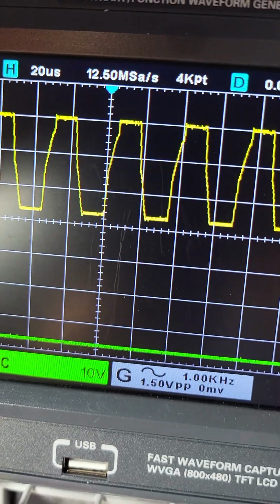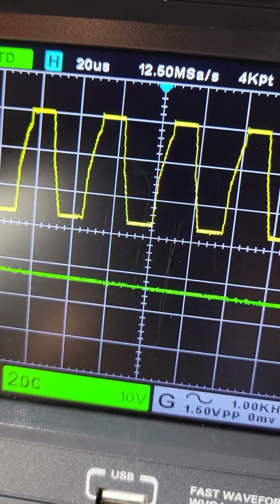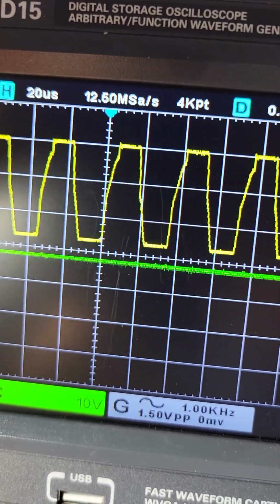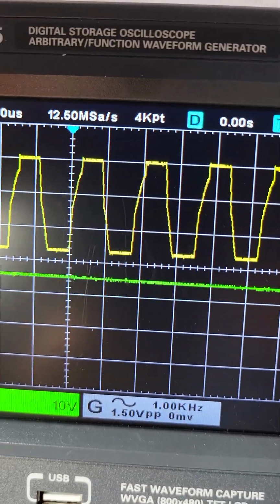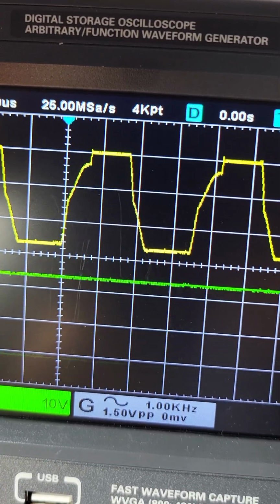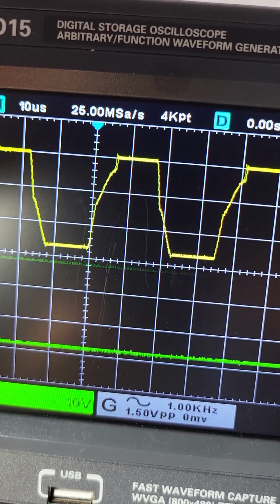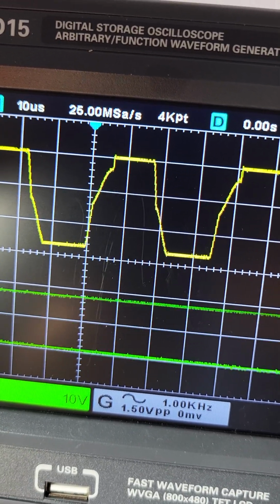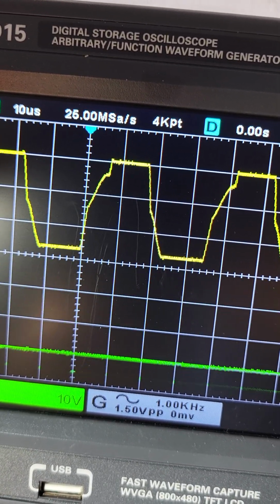It's like a square wave. Zoom in, it looks like a digital signal, because it's like a square wave.